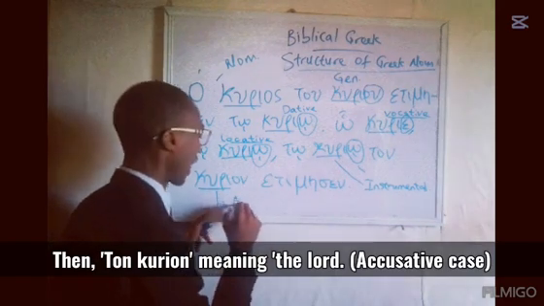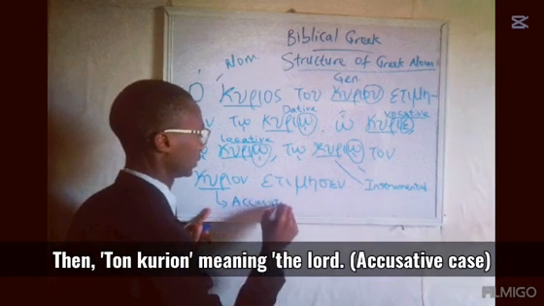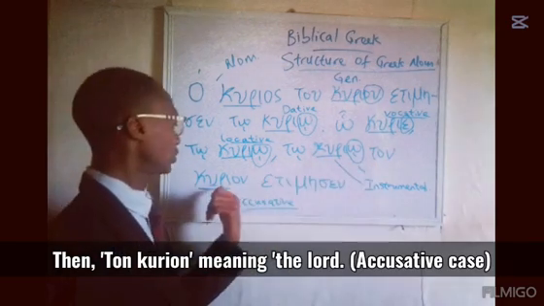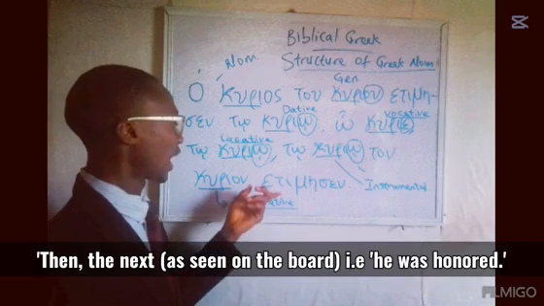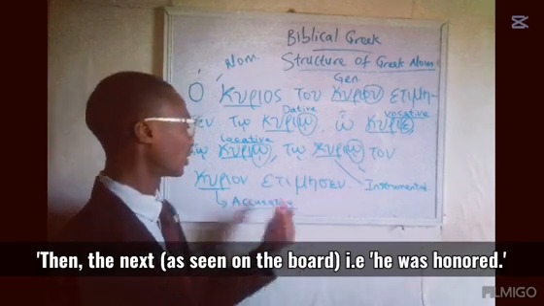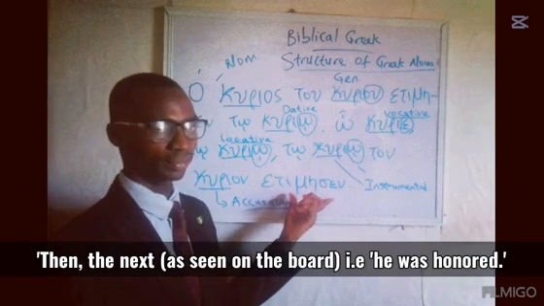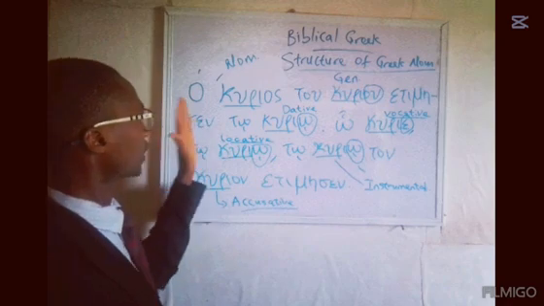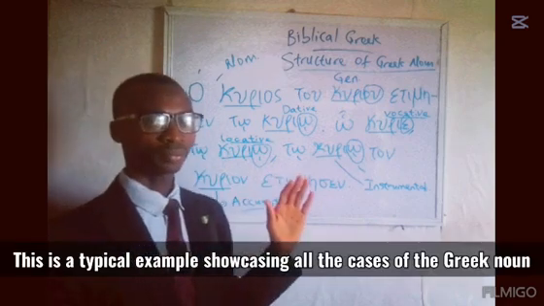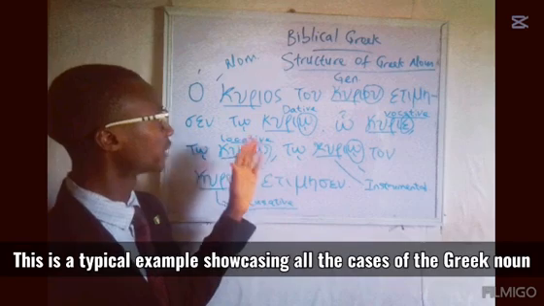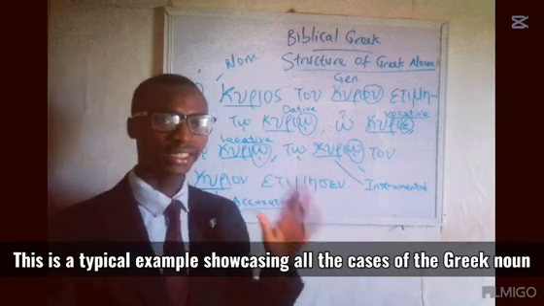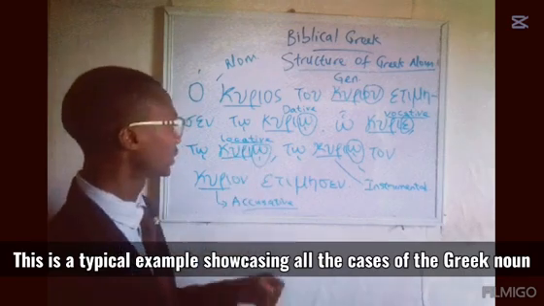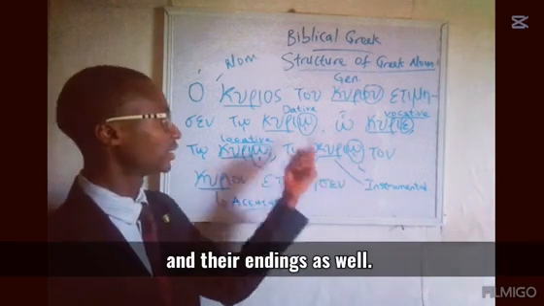That is the accusative case. Then epainesein, that is, he was honored. Now this is a typical example showcasing all the cases, all the 8 cases that we have in the biblical Greek noun, and their endings as well.